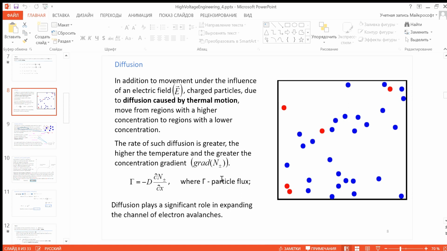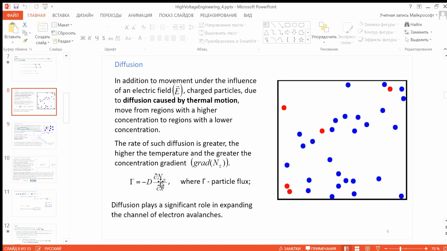Diffusion of particles in plasma is characterized by the so-called diffusion coefficient, D. It is the coefficient of proportionality between the particle flux, the product of concentration of particles by their average speed of directed motion through a unit area per unit of time, and the concentration gradient of particles in the direction perpendicular to the selected area.